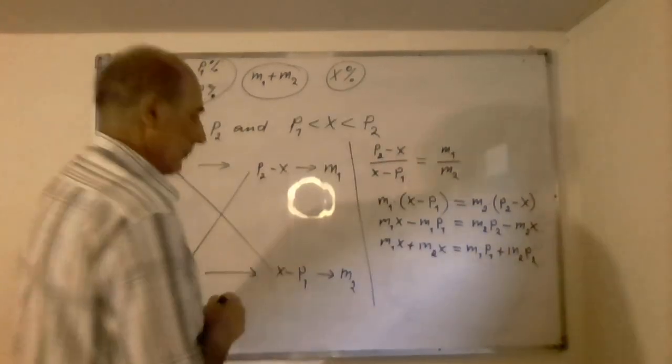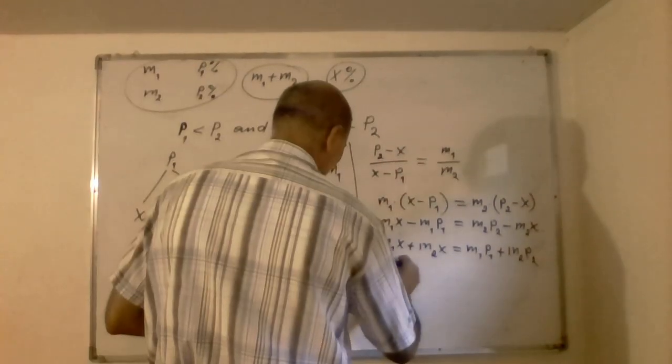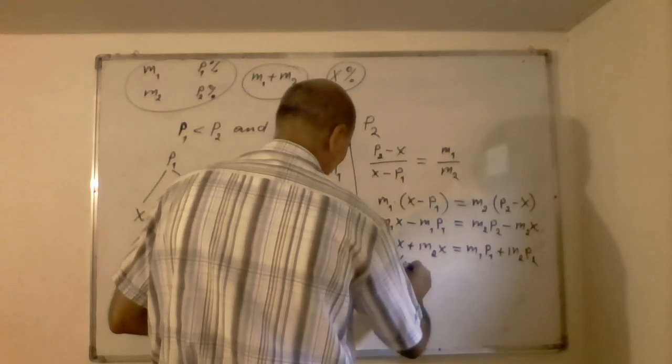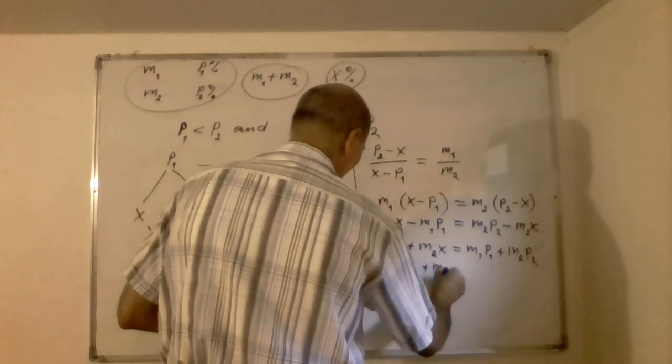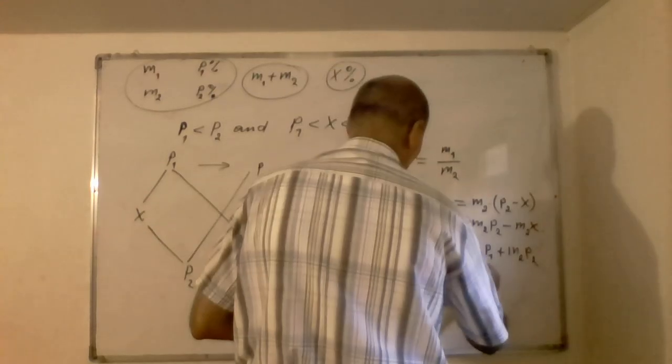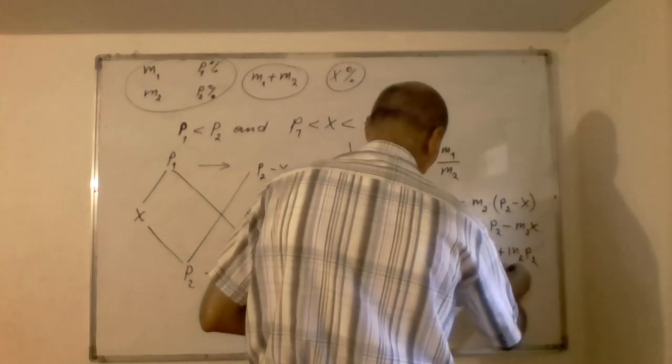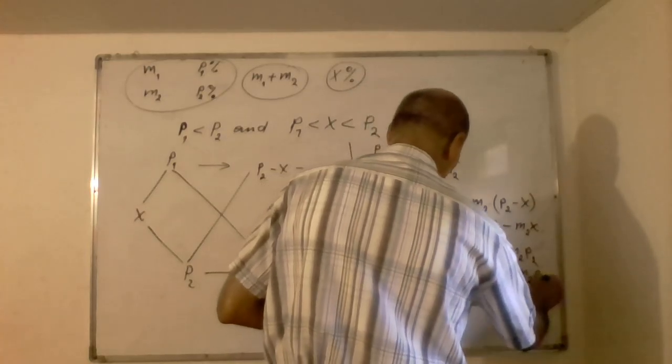And from here we can write X times (M1 plus M2) equals M1P1 plus M2P2.